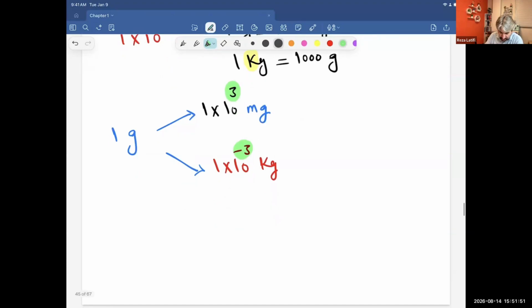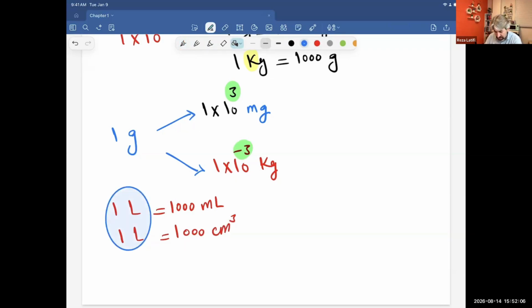Another one: 1 liter is equal to 1,000 milliliter, and 1 liter is equal to 1,000 cubic centimeter. If you highlight the left sides, they are equal, which means the right sides must be equal. So you can say 1,000 milliliter is equal to 1,000 cubic centimeter.